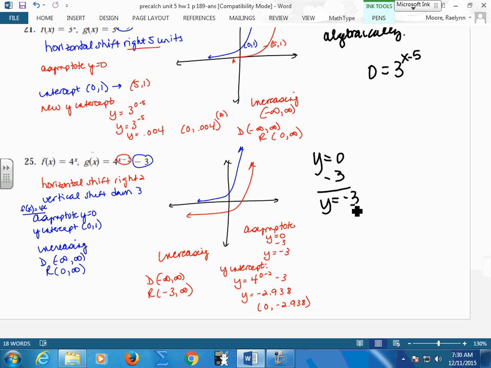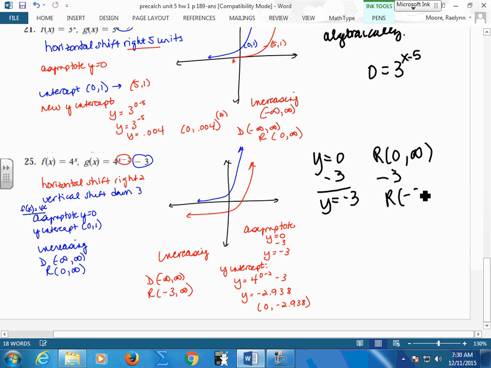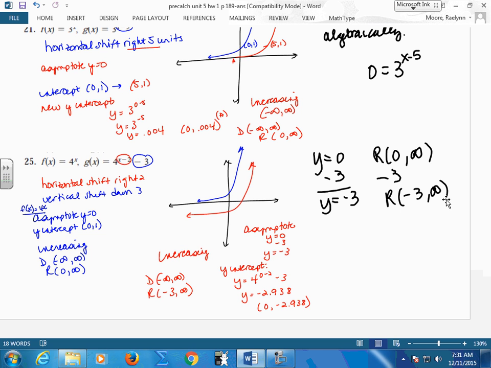If your domain is all real numbers, that's not affected. If your range is here and your shift is down, shift it down 3. And that'll help you go right over those. And again, your intercept, just plug in your 0 and you can just calculate that right on your calculator.